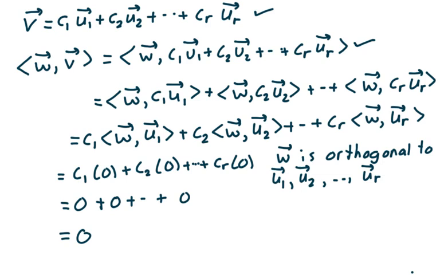But this is C1 times 0 plus C2 times 0 plus ... plus Cr times 0, since W is orthogonal to vectors u1, u2 through ur. But this is equal to 0 plus 0 plus ... plus 0. And that is equal to 0.